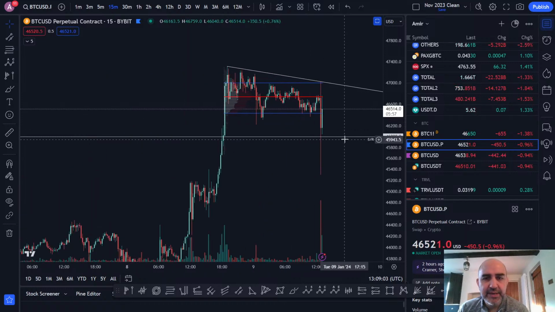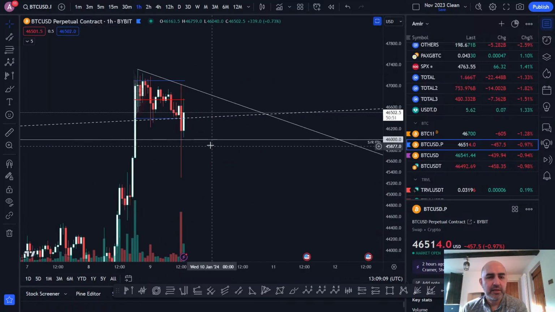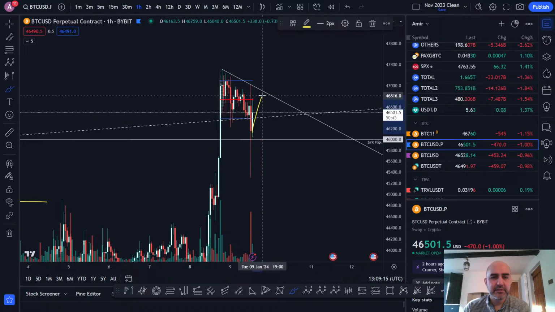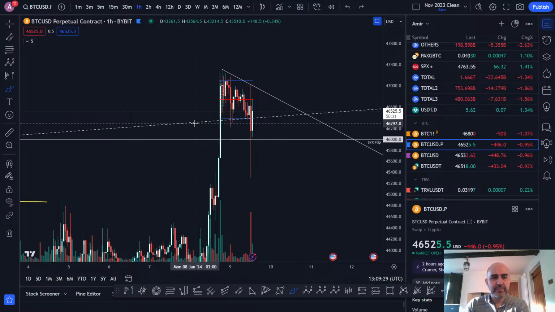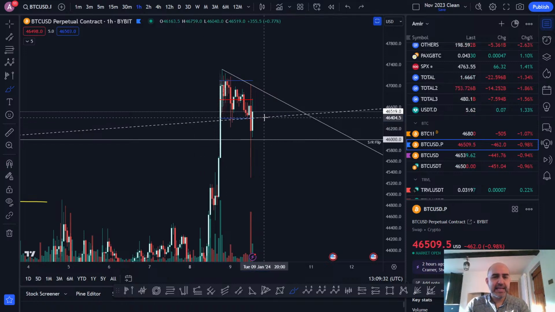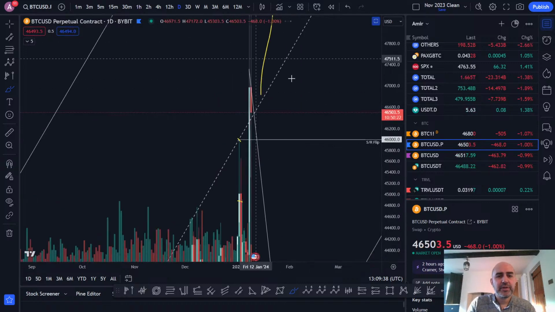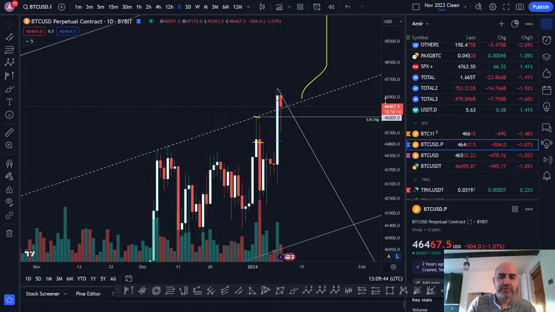It's held this SR flip, I think. This SR flip is holding, which is this previous high, which is what you want to see. And I did say I wasn't too worried about this trend line. It could either do this, or it could do this. As long as this horizontal line holds, I think Bitcoin is going to be fine in these higher levels. I'm not too worried about this one just yet. I think on the daily time frame, I would love a close above it though. I think the daily is going to be really important for this horizontal line, this trend line, this midpoint of this trend line that I have.